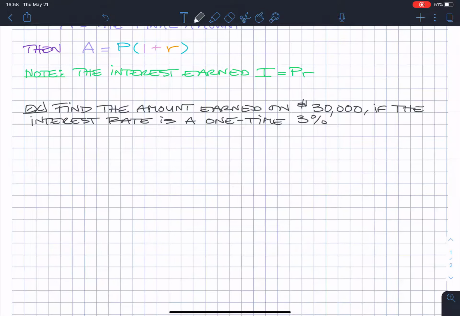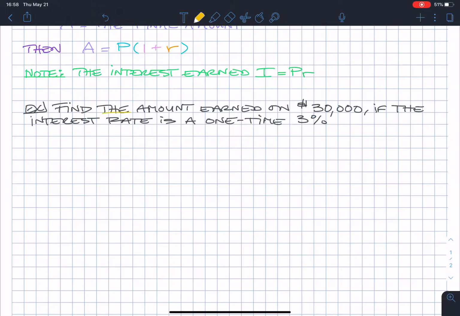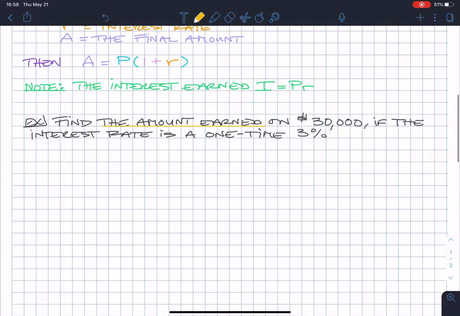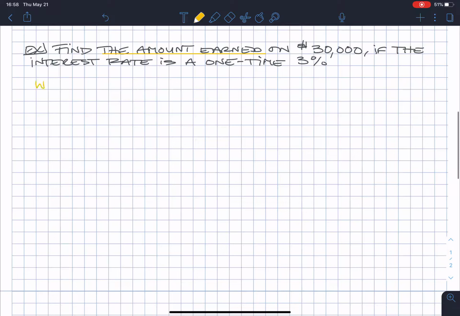Okay. So note that we just want to find the amount earned. We don't want to find the final amount. So we just want to know what the interest I is.